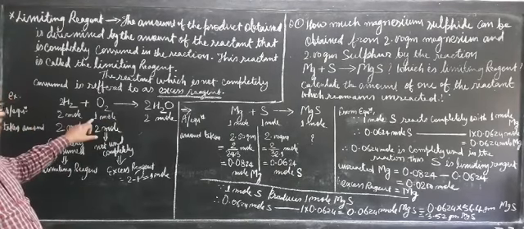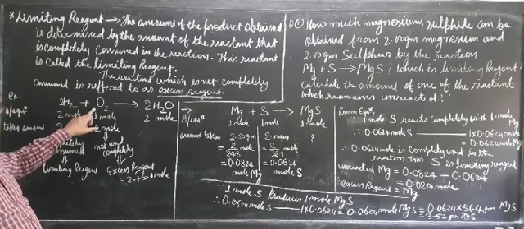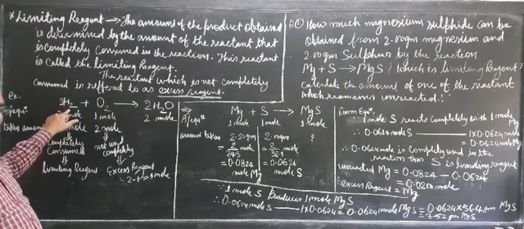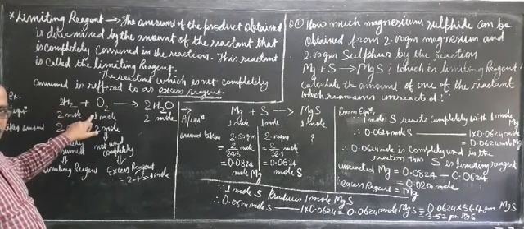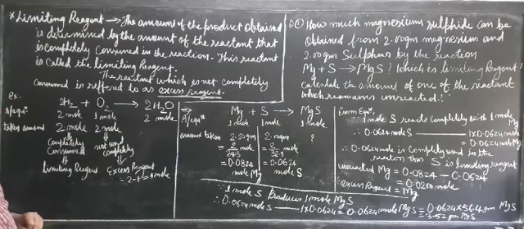So hydrogen and oxygen react with one another in a 2:1 ratio. If 2 mole of hydrogen is consumed, then 1 mole of oxygen will be consumed, and it will produce 2 mole of water.